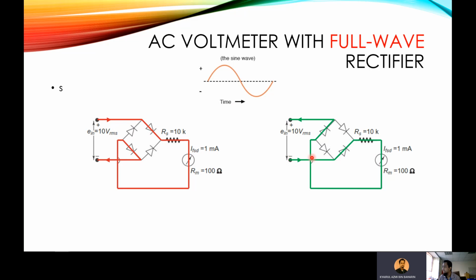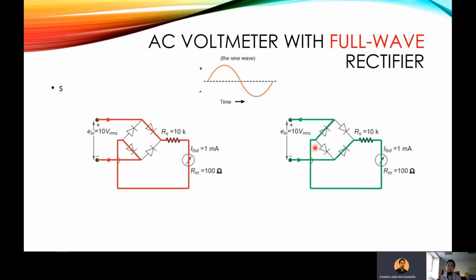It starts here, goes up, passes through the meter, and then goes back to the positive terminal. As the cycle repeats itself, this will also repeat from the left-hand side to the right-hand side, and so on, until the supply is cut off. So this is the principle of a full wave rectifier.